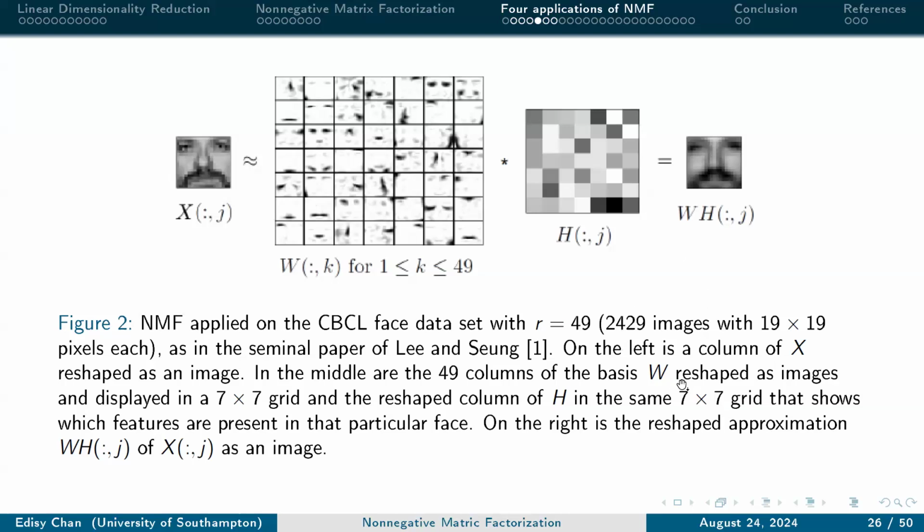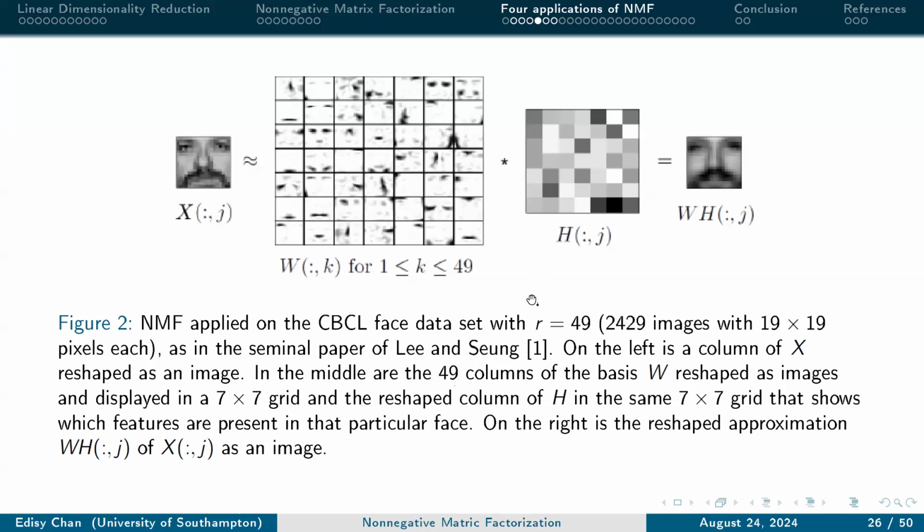On the left is a column of X reshaped as an image. In the middle, there are 49 columns of the basis W reshaped as images and displayed as a 7x7 group. You can see that they are like the noses, the eyes, the mouth, and things like that.